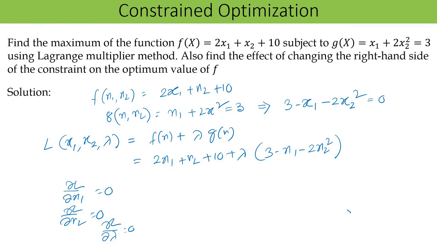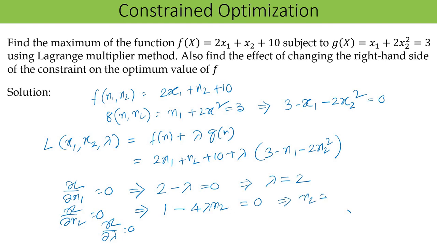Okay, so if you write this, then what you are getting is 2 minus lambda is equal to 0. So from here I can get that lambda equal to 2. From here I am getting 1 minus 4 lambda x2 is equal to 0, and then I'm getting x2 equal to 1 by 8, which is equal to 0.125.